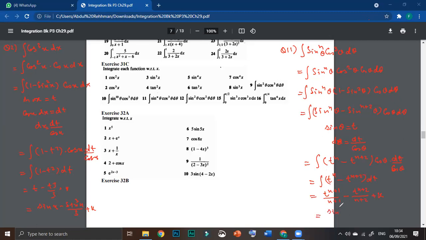So sine power n plus 1 theta over n plus 1 minus sine power n plus 3 theta over n plus 3 plus k. We add 1 in the power n plus 2, giving n plus 3. This is the final answer.